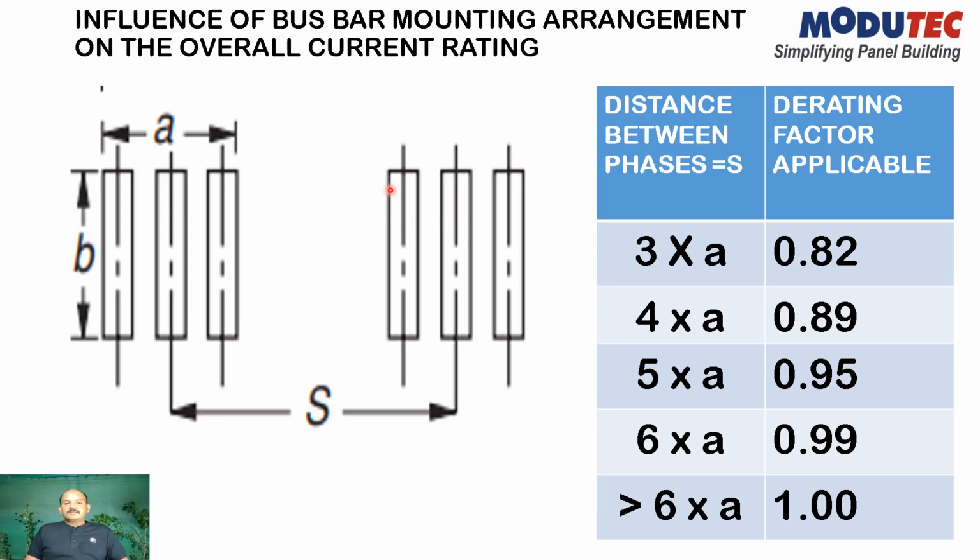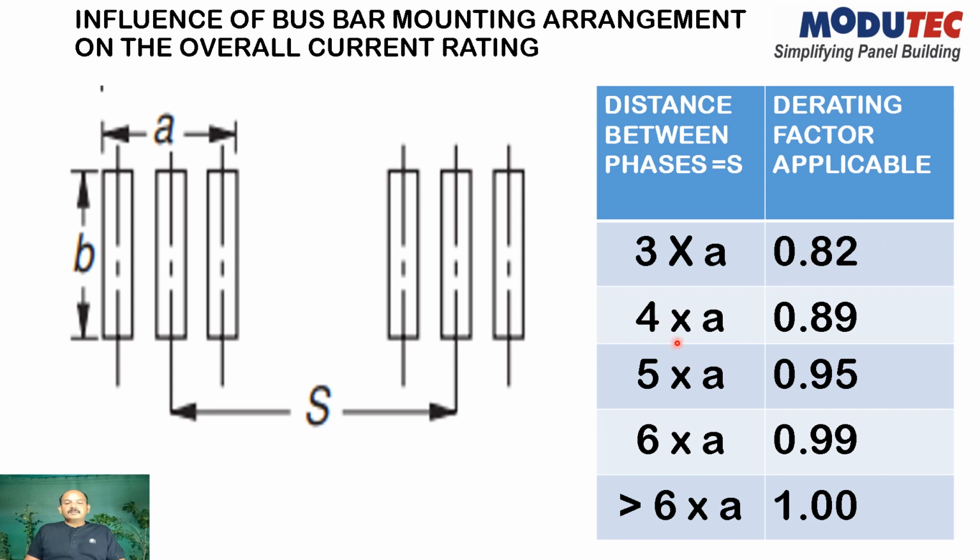Influence of bus bar mounting arrangements on the overall current rating. This is S, between the center face of one bus bar and the center face of another bus bar. So the distance between faces is equal to S. For 3 times A, the derating factor applicable is 0.82.